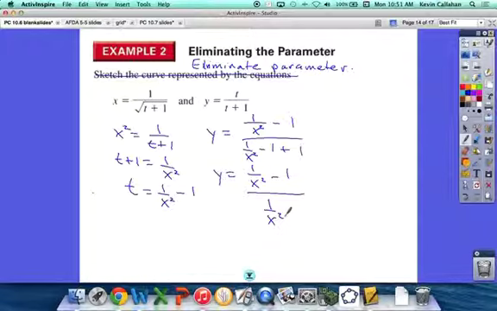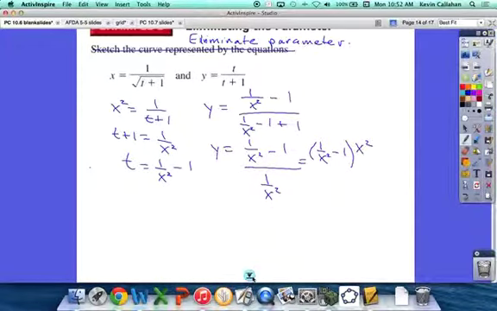And if you're dividing by a fraction, that's the same as multiplying by the reciprocal. So this will be 1 over x squared minus 1 times x squared over 1. And you distribute: x squared times 1 over x squared equals 1, and negative 1 times x squared is minus x squared.